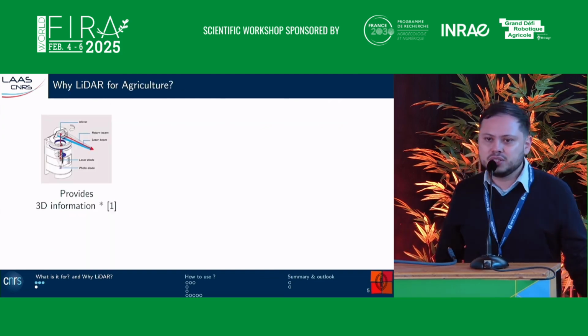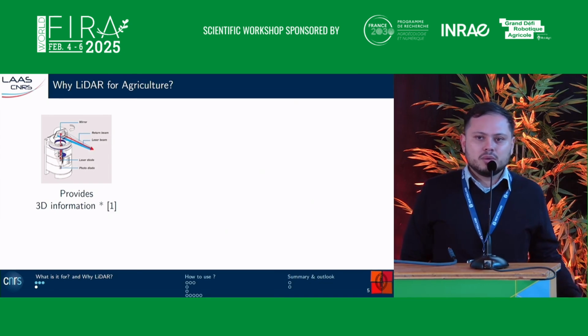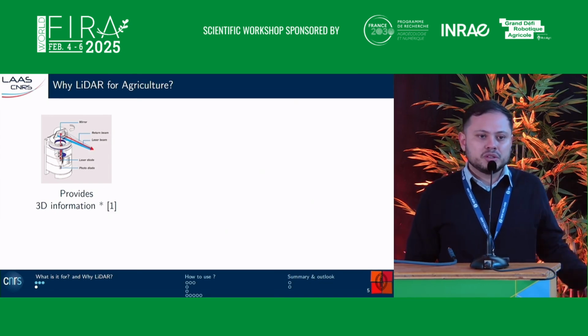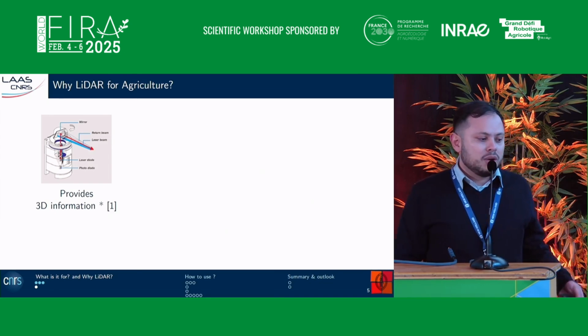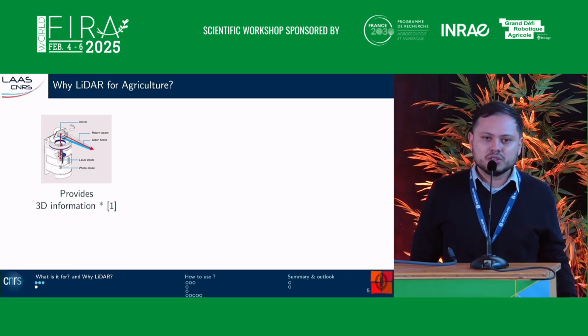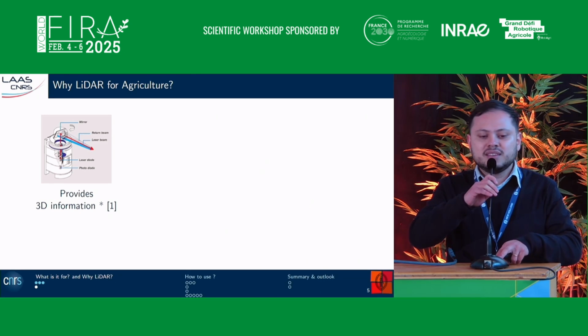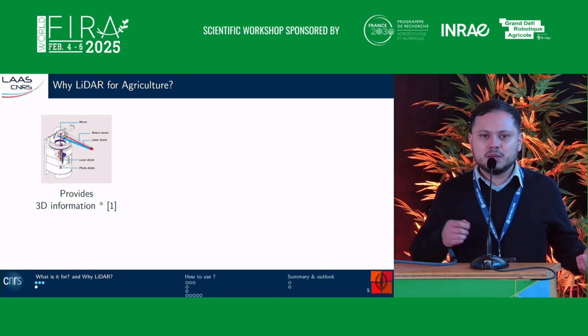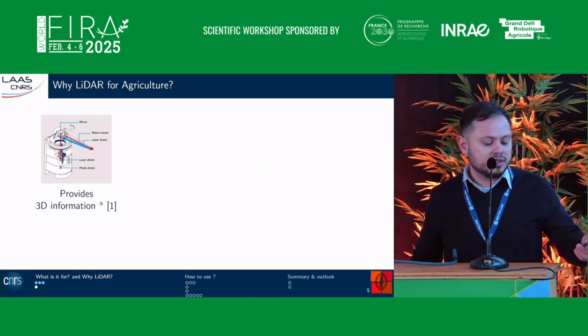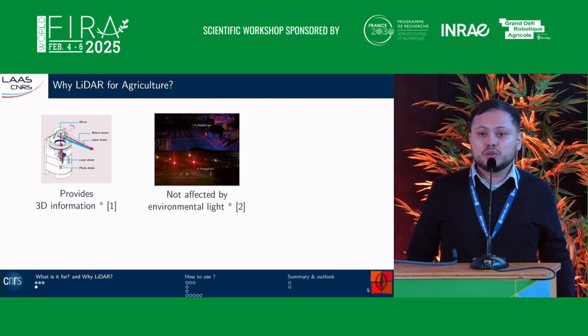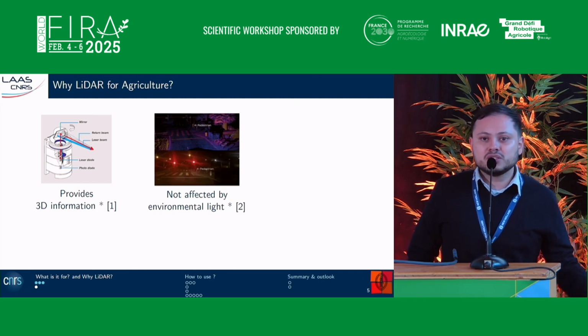But the question is, okay, why LiDAR? What is different with respect to other sensors or devices? Well, LiDAR provides three-dimensional information in a natural way. That means that we don't need any additional processing step to generate our three-dimensional data. And it's not affected by environmental light or changes in the environment.